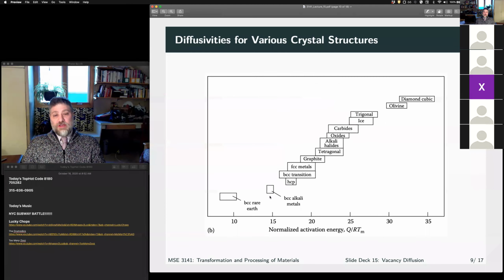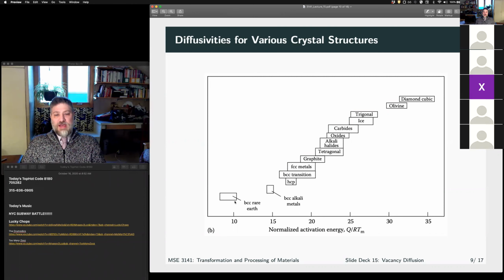What's interesting is we want to look at the general scaling of this, right? So here's our activation energy normalized at the melting temperature, right? So this is the diffusivity close to the melting temperature, or at high temperatures, right?